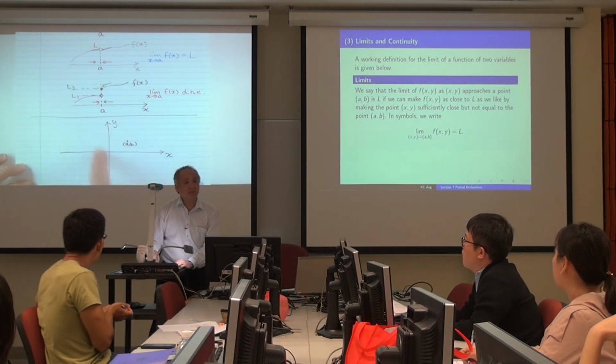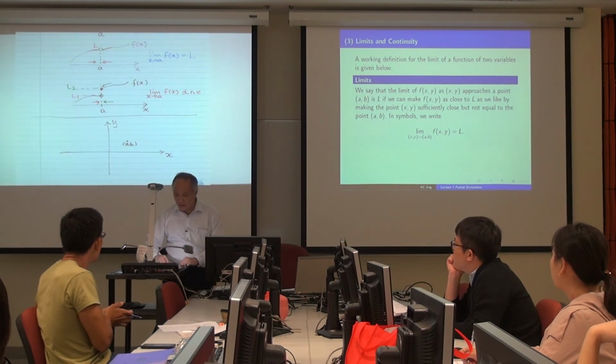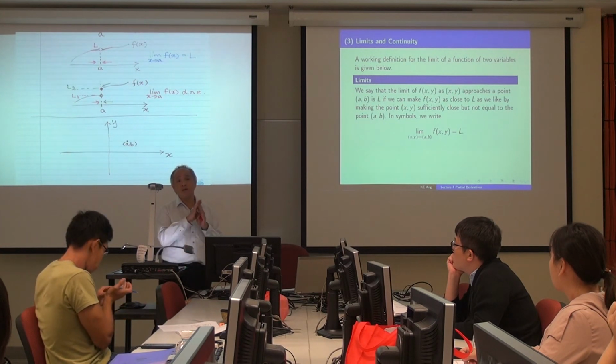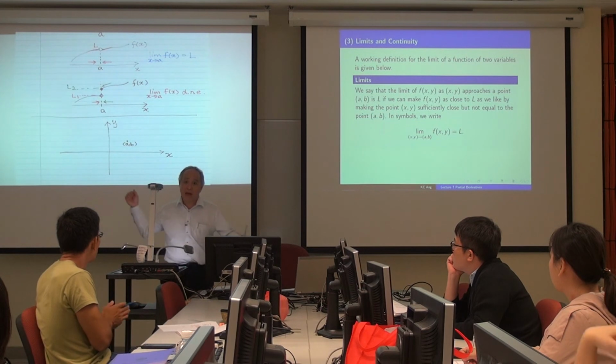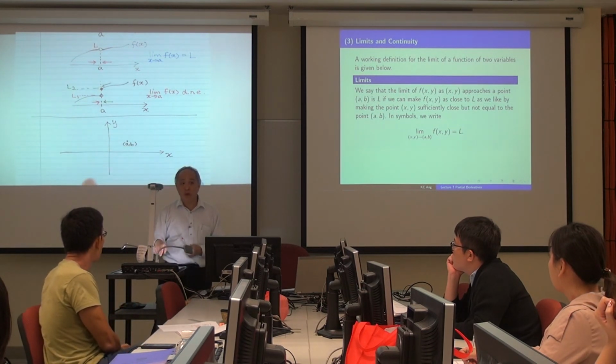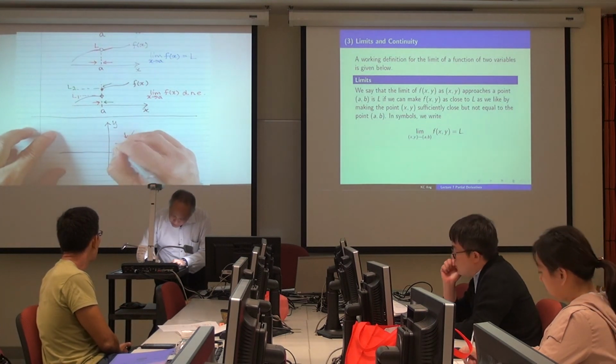But in this plane, how many directions are there? Infinitely many. So basically, what we need to consider is all the possible paths, the infinite number of paths from everywhere inside the domain going towards AB.